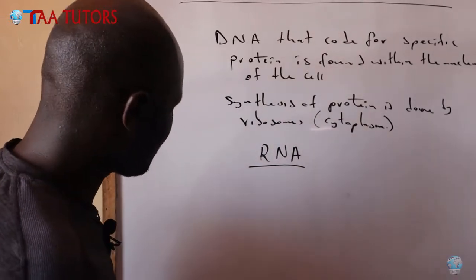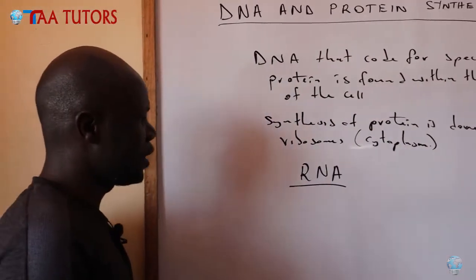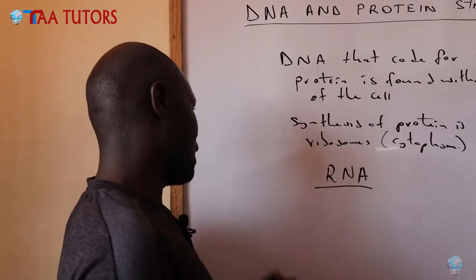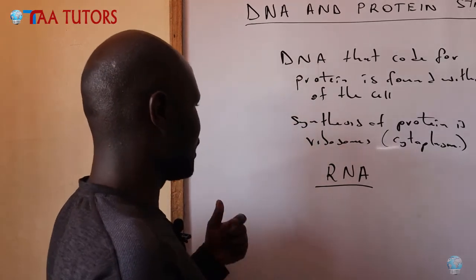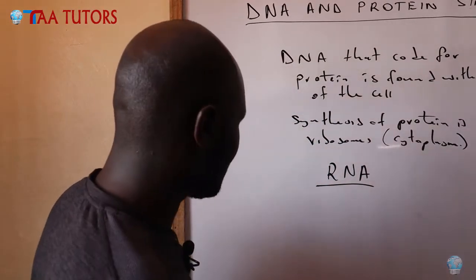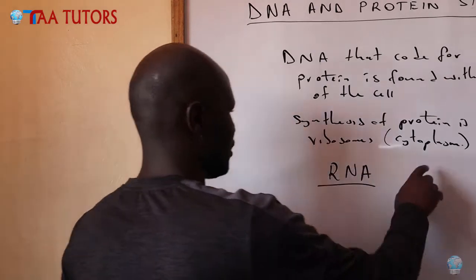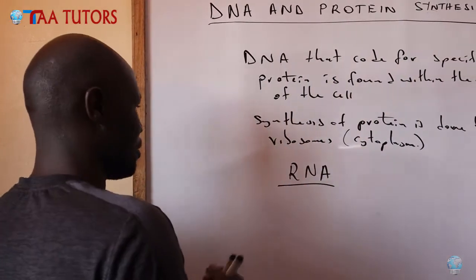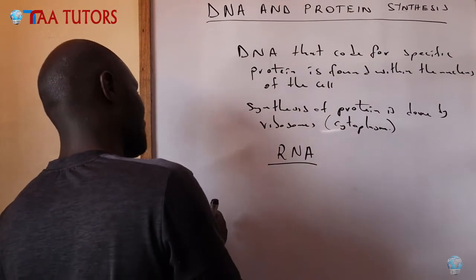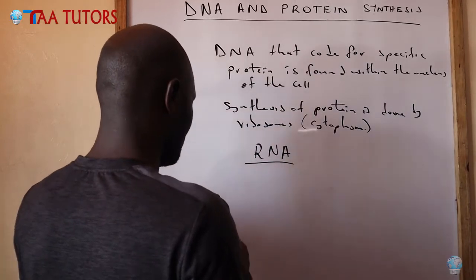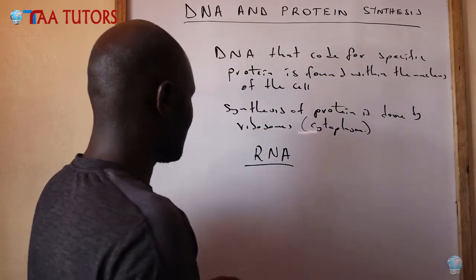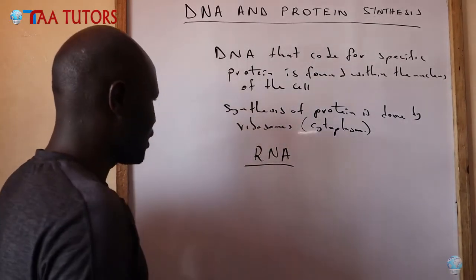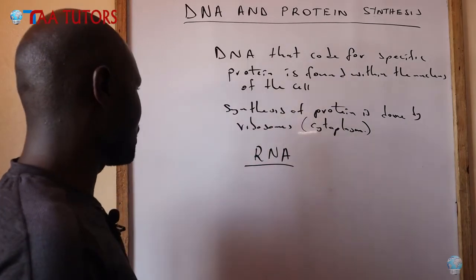Now the first thing that we should remember about the RNA is, how do we compare the RNA and the DNA? This particular molecule, the RNA, is more or less the same as the DNA, because it has phosphate molecules, it has sugars, and it also has nitrogenous bases.